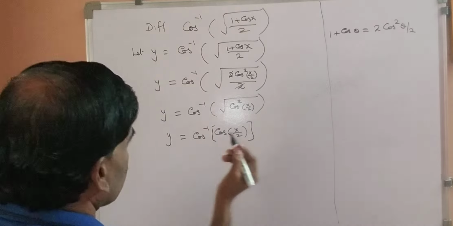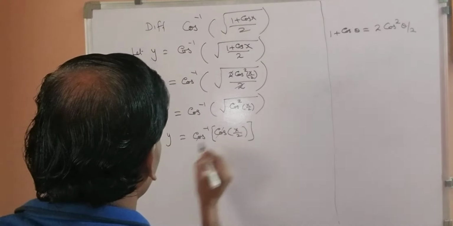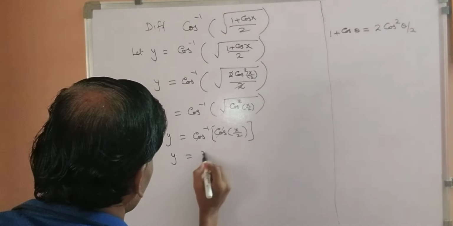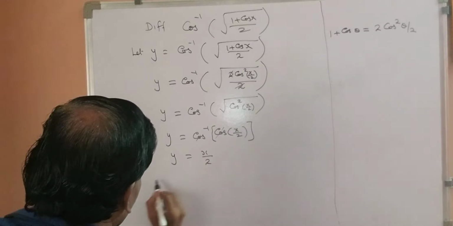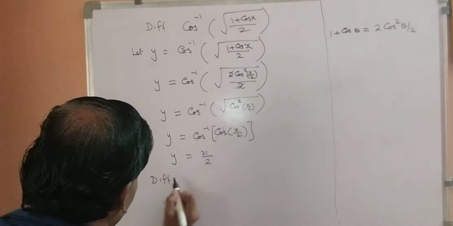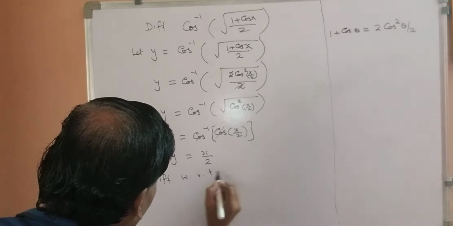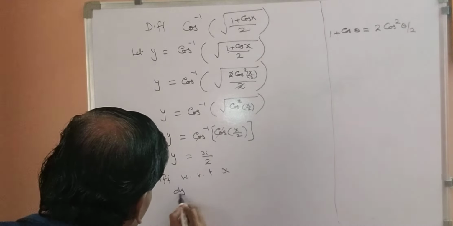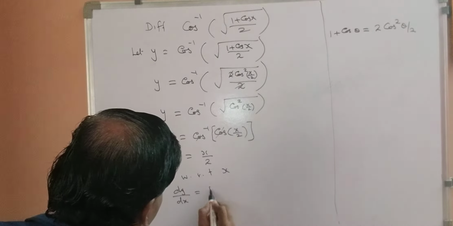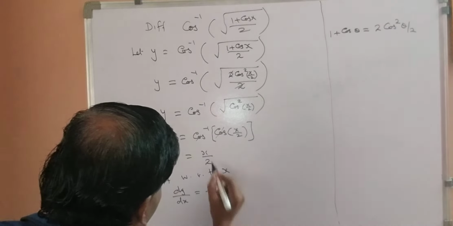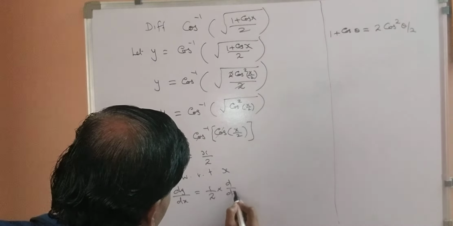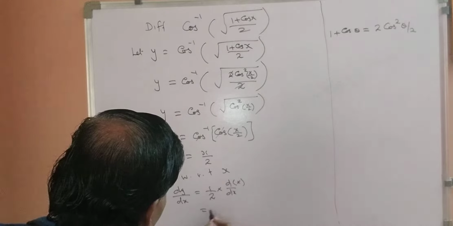Now look at this, cos inverse of cos, it will cancel. Therefore y equal to x by 2. Differentiating with respect to x, we get dy by dx equal to 1 by 2, as 1 by 2 is constant. What is the derivative of x with respect to x? 1.